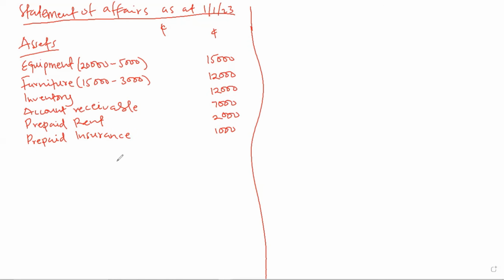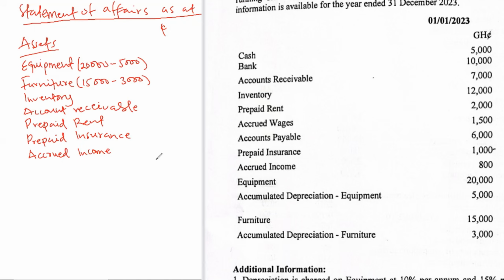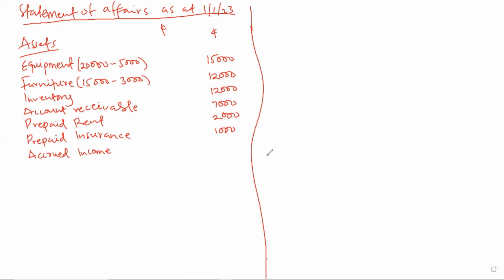Then we have accrued income. That is income owing. If someone is owing you, just like a debtor. So with accrued income, you've earned it, but you've not received the money yet. It is an asset to you. So accrued income is 800.